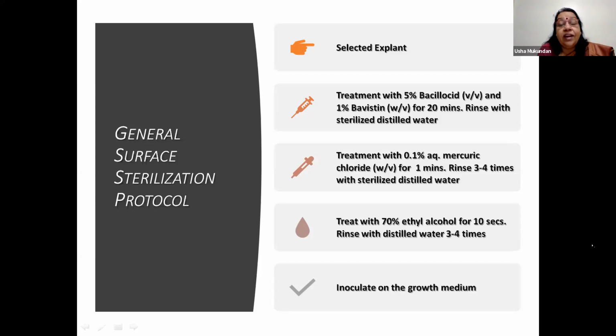It will have a large number of surface contaminants. So you will need a sterilizing agent which is harsh.